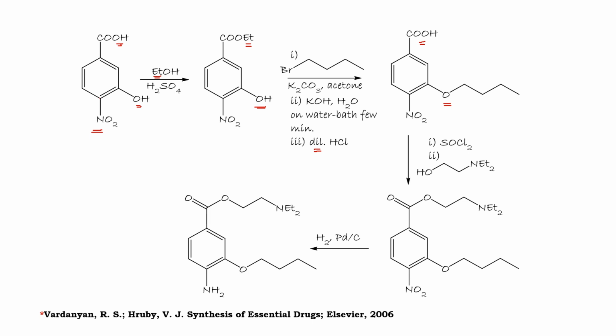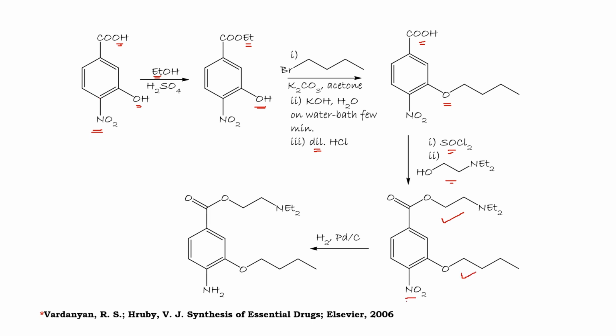Now we would like to make the ester back. The ester, we add thionyl chloride to transfer the carboxylic acid to acid chloride, followed by addition of diethylaminoethanol. So we have the ester, we have now the ether.